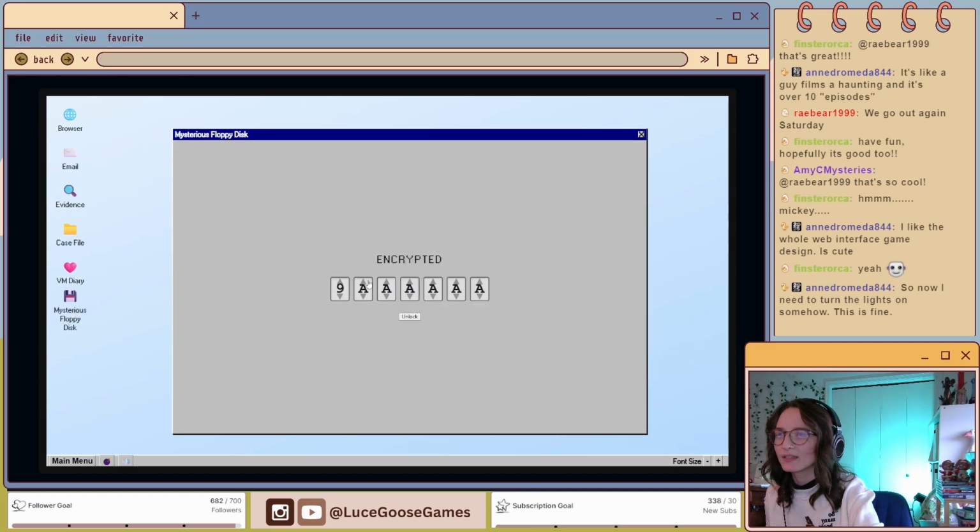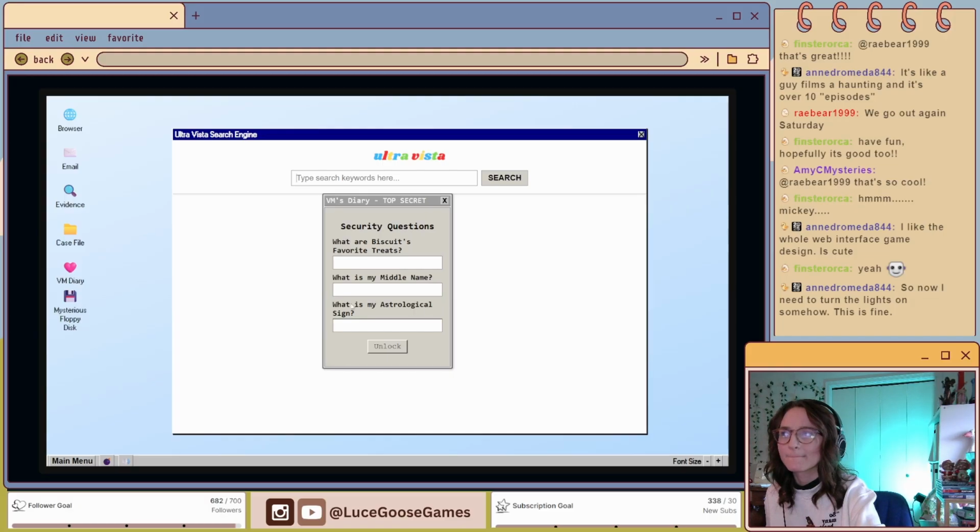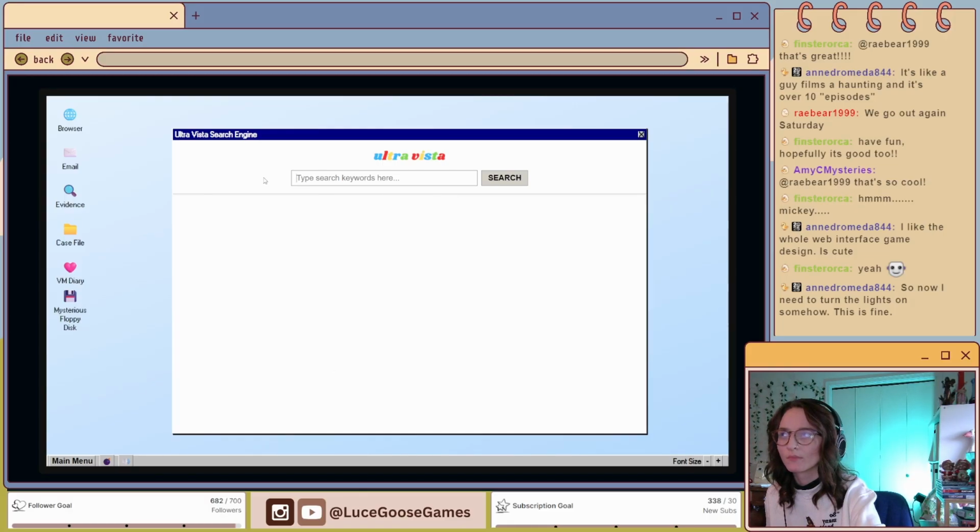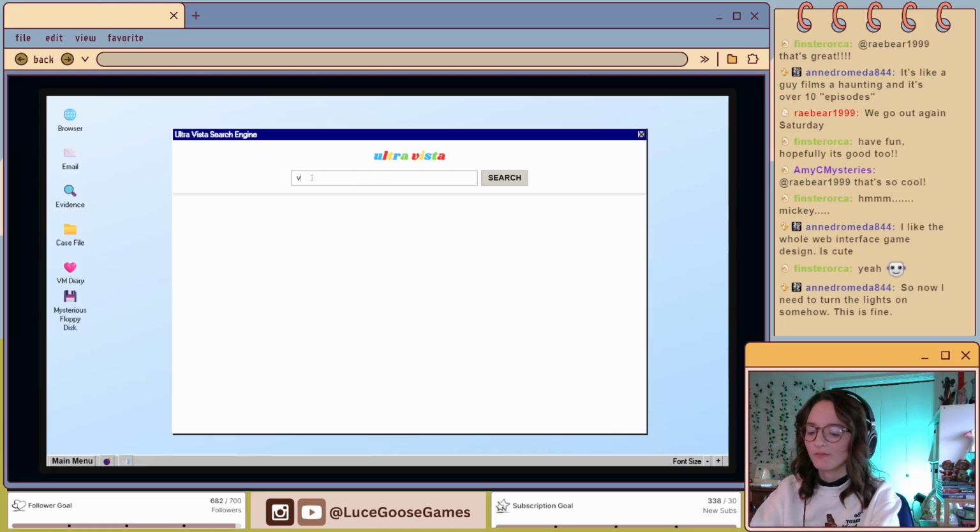Mysterious floppy disk. Okay, so we can go through all the numbers and the... When's her birthday? How do I find out her birthday?